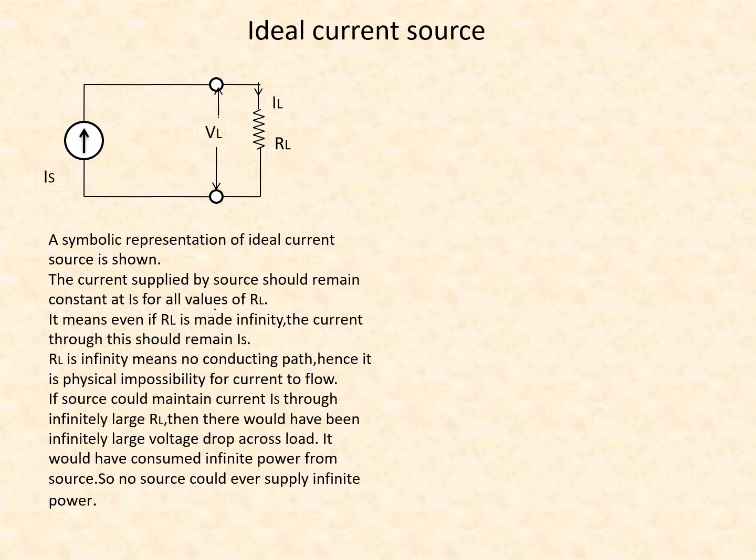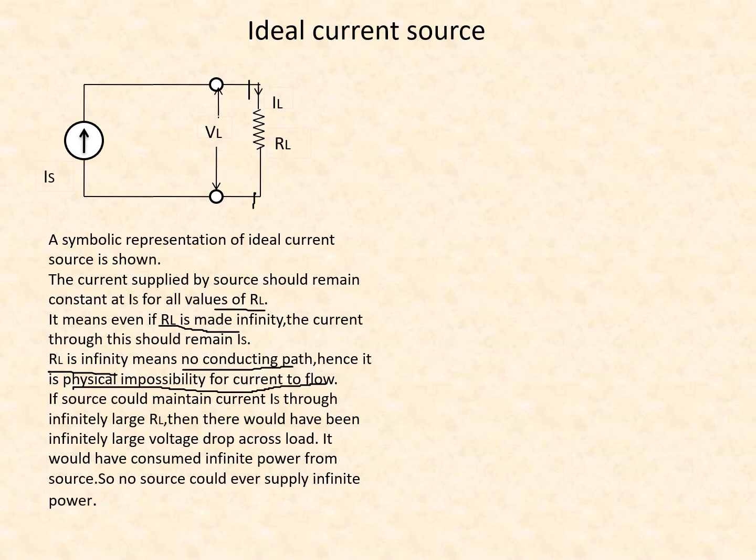But is it possible? Let us see. If we make RL infinity, that means these two terminals, this one and this one, they are open circuit. So when RL is infinity, that means there is no conducting path. Hence, it is a physical impossibility of current to flow.